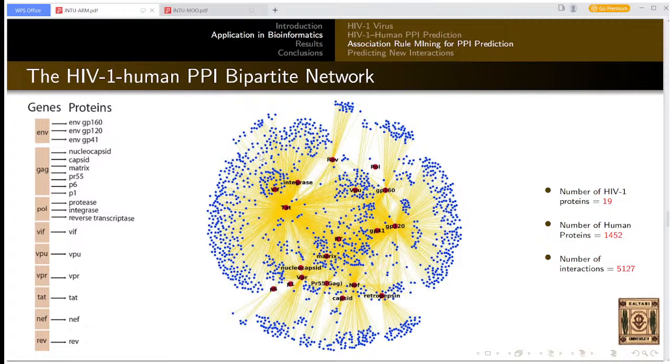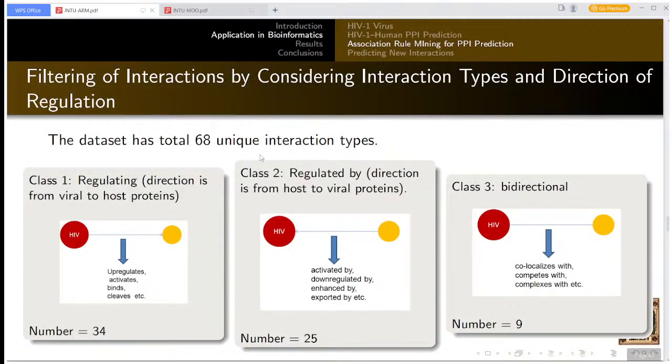That means when we have a new pair, we try to predict whether they will interact or not. These interactions were of 3 types according to direction. One type was from HIV to human proteins, with terms like upregulates, activates, binds, cleaves, etc. Some interactions were from human proteins to HIV, like activated by, downregulated by.